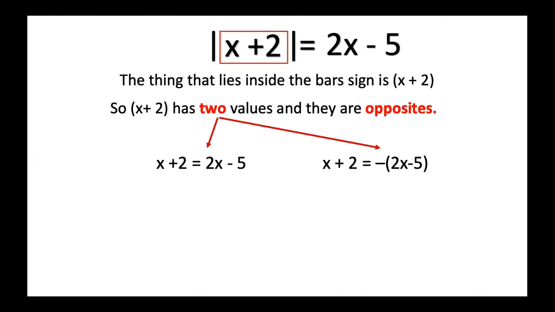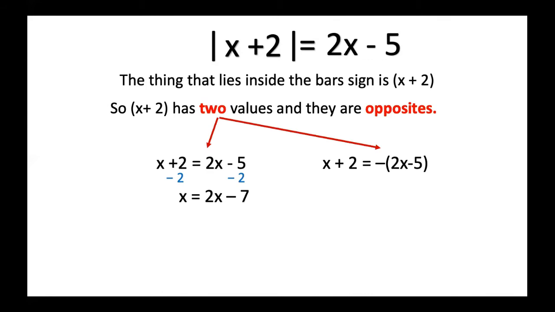Okay, now let's solve the equations one by one. For the first equation, to remove the 2 on the left side, subtract 2 from both sides. Because this is an equation, if you do something to the left side, you should do the same to the right side.